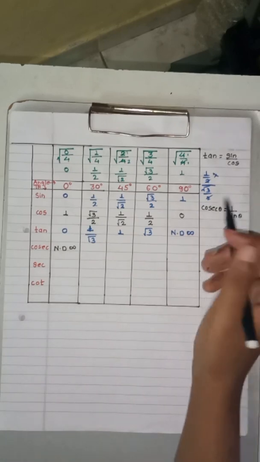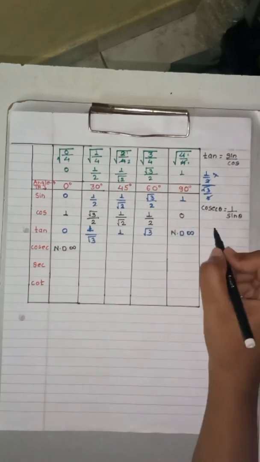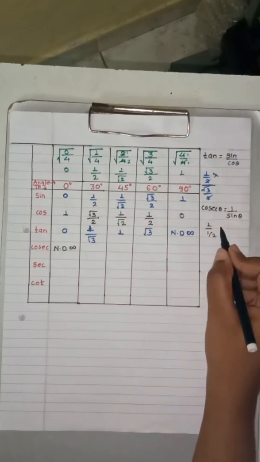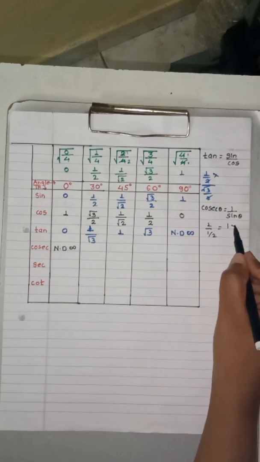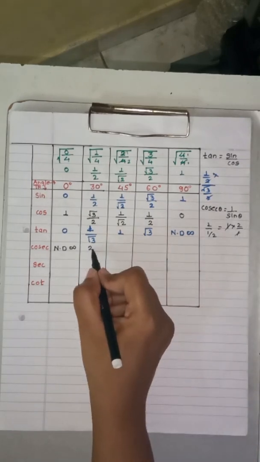So 1 upon sine, value of sine 30 is 1 upon 2, so it will be 1 into 2 upon 1, so 1 1 will get cancelled and here you will have 2.